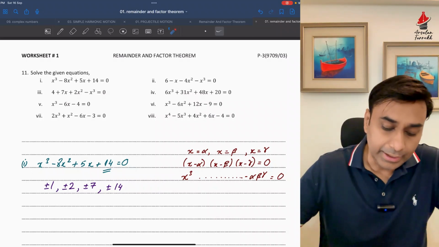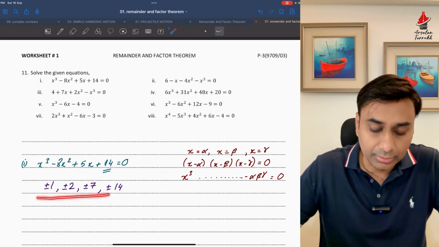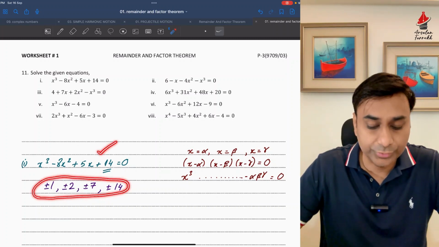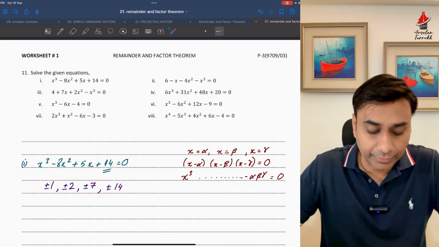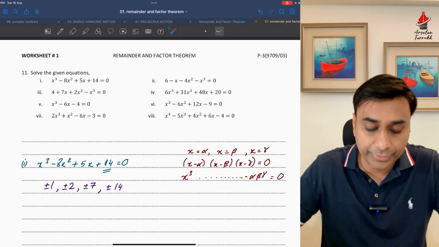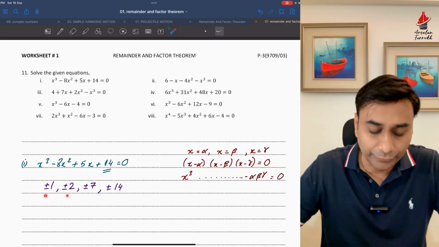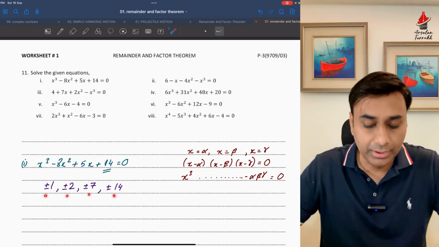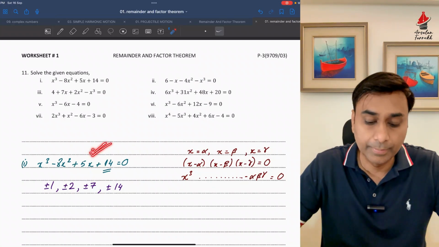So I know that the three roots of this equation have values among plus minus 1, plus minus 2, and so on. So out of these 2, 4, 6, and 8 possibilities, 3 would be the roots of this particular cubic polynomial.